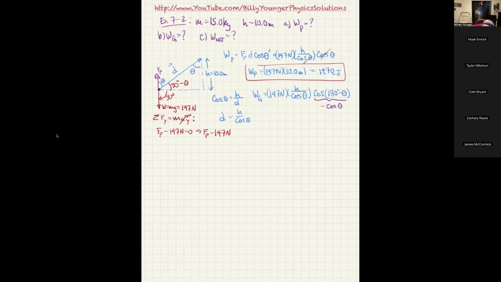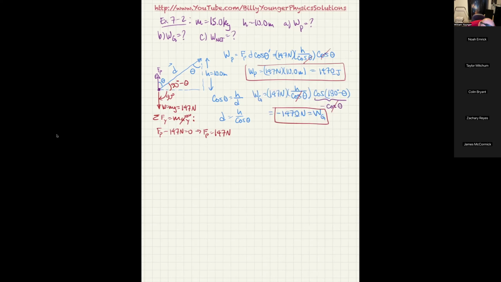So now what you see we're going to get is negative 1,470 joules. The negative came from the fact that the identity gave us a negative cosine, but once that cosine got there, that cosine canceled out with this cosine, so we just had the negative 1470. So this is the work done by gravity. So I'll circle that off as well.